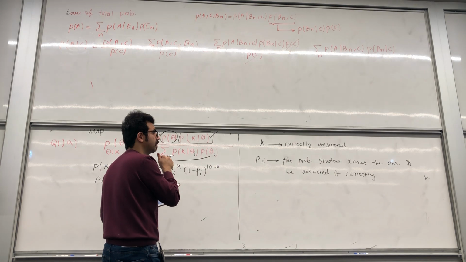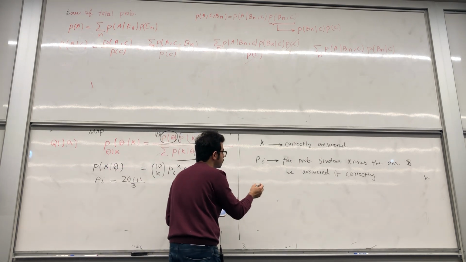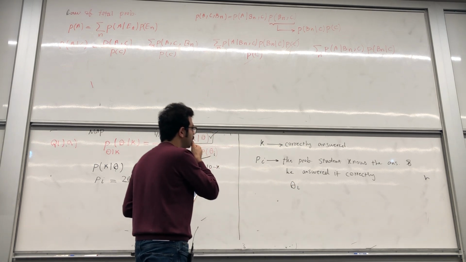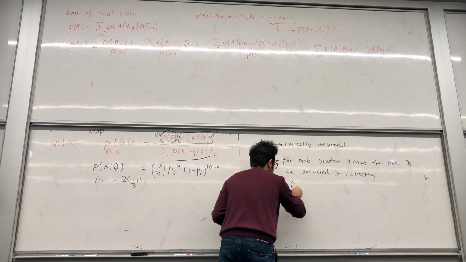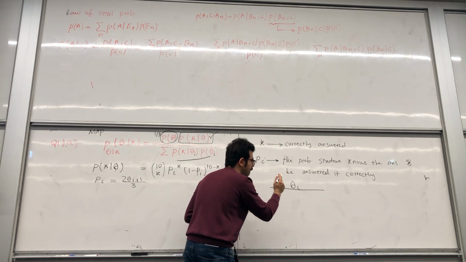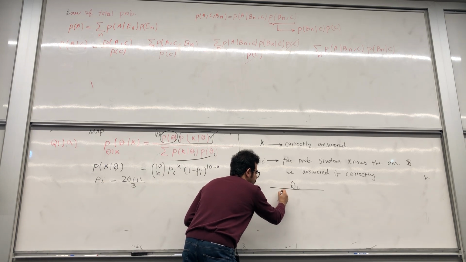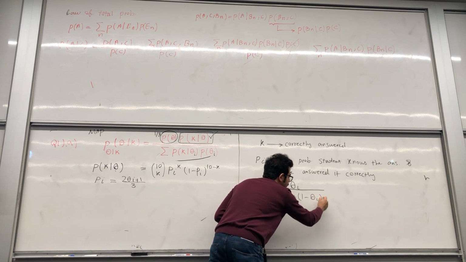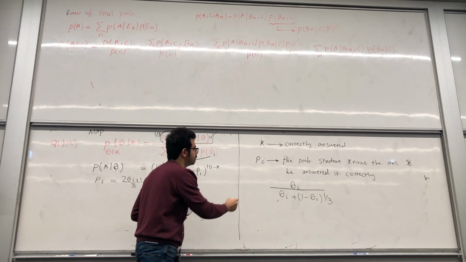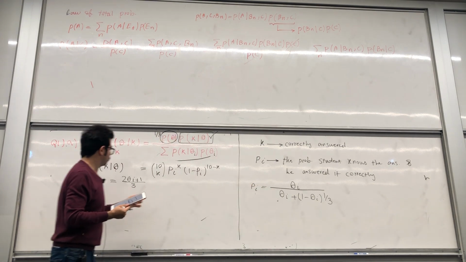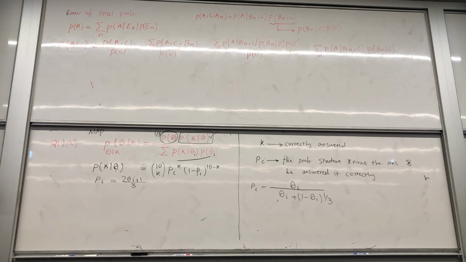Theta i is the probability that he knows the answer, and the probability that he answered correctly is the probability that he knows the answer or he guessed it. This is pi. Now I can find this probability with a binomial distribution.